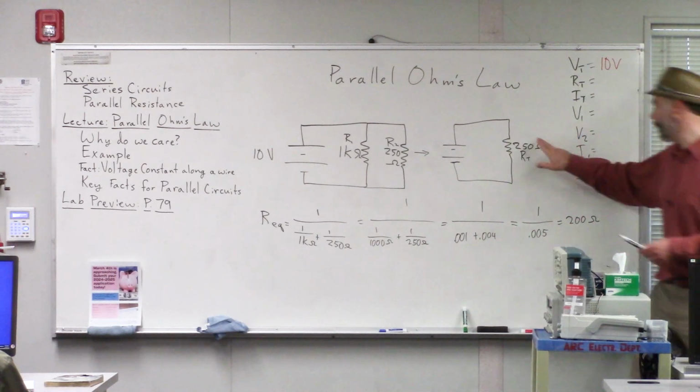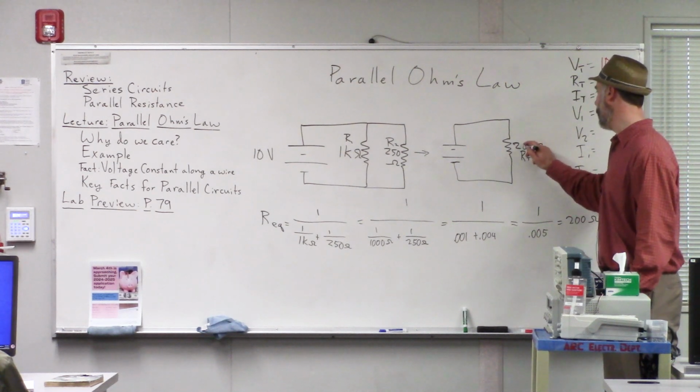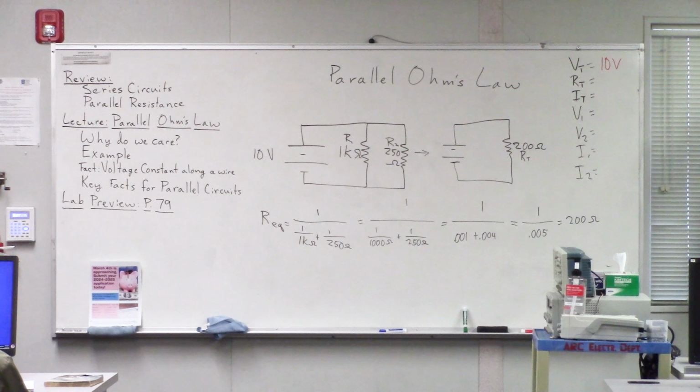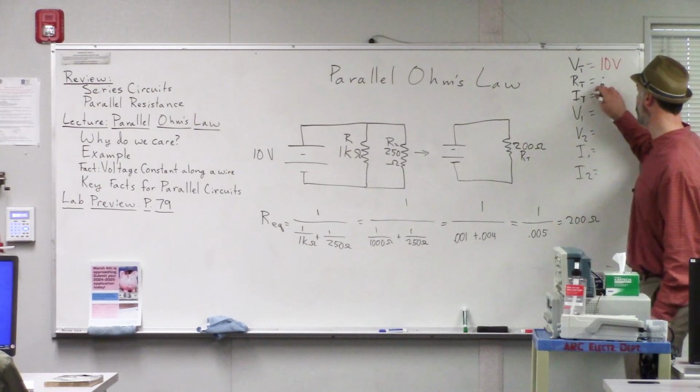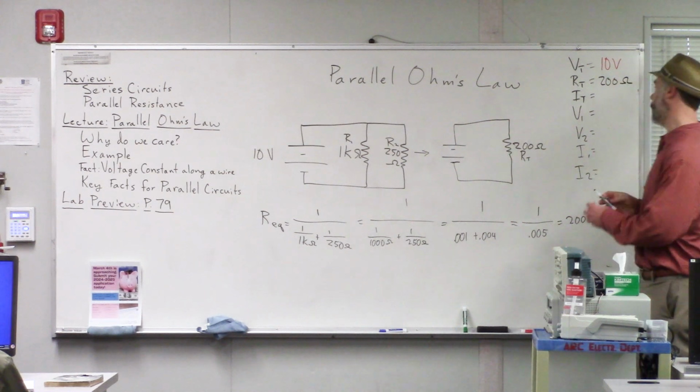I'm sorry, 200 ohms. Misspoke. All right, so does anybody have any questions about how we got that? Okay, so then I can write that down here for my total resistance. So that's 200 ohms. So now comes the tricky part.